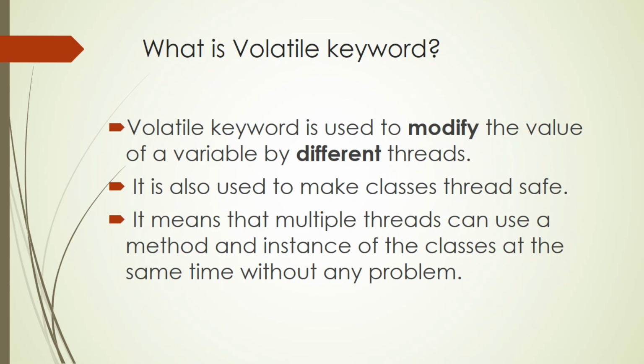Okay, so for count plus plus, we make that volatile so that for each thread it will be the same. Otherwise, without volatile, there will be a separate copy of that counter variable in the stack of each thread.